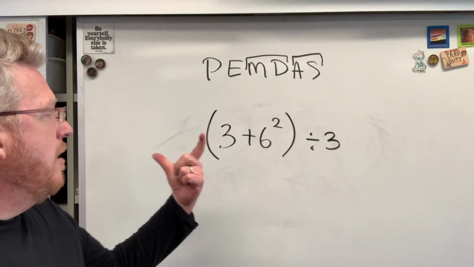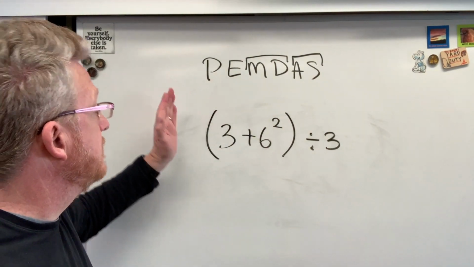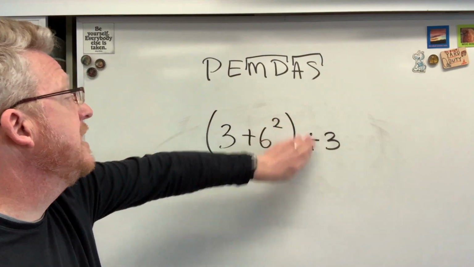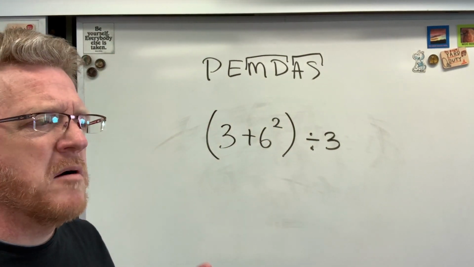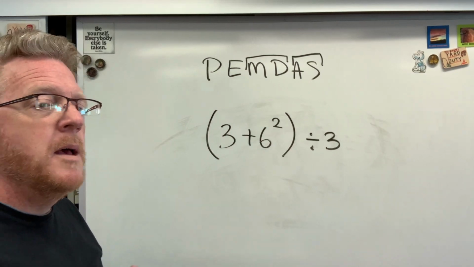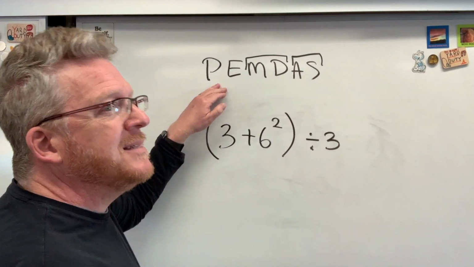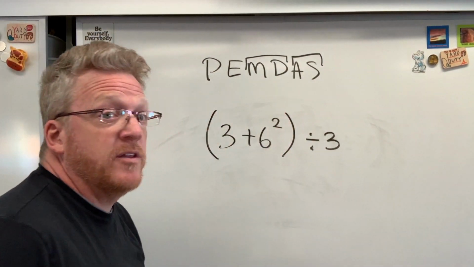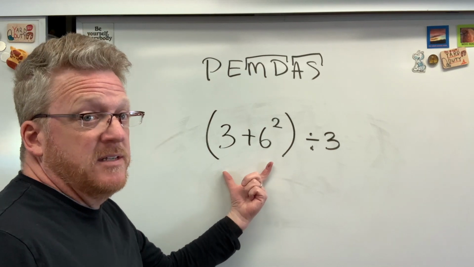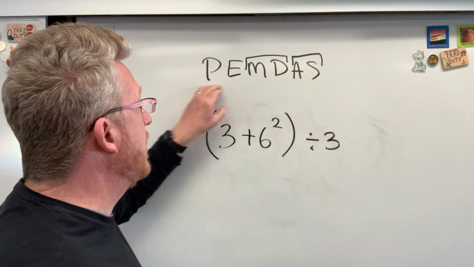So now, again, P first, parentheses. Do what's inside the parentheses. Now here's the thing that's new. You probably already knew it because you're smart. The order of operations operates with what's inside the parentheses too. So there's something inside of the parentheses that we need to do first based on our order of operations up here.